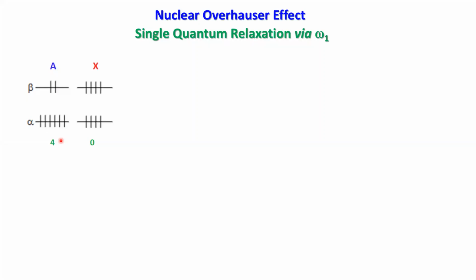But remember what I told you: when the excited state for X is getting overpopulated, then from the normal Boltzmann distribution equilibrium we discussed earlier, cross polarization will happen, and that will allow the nuclei to relax to a new equilibrium state.